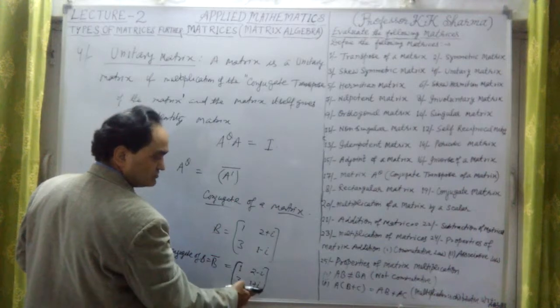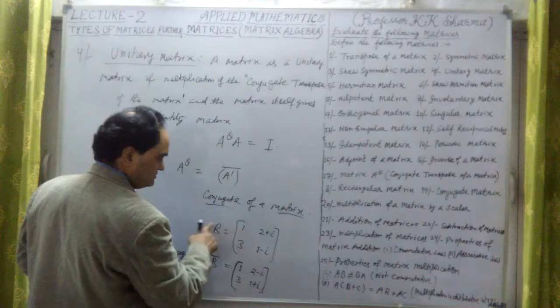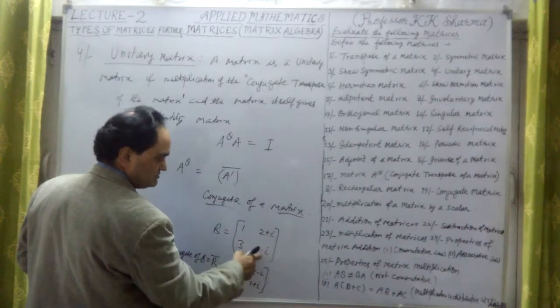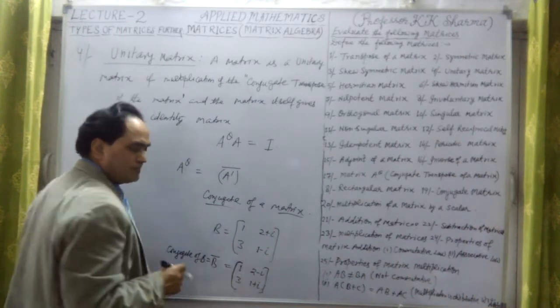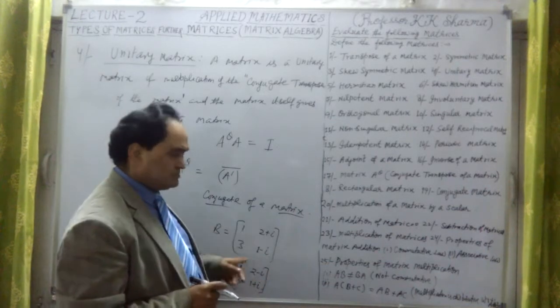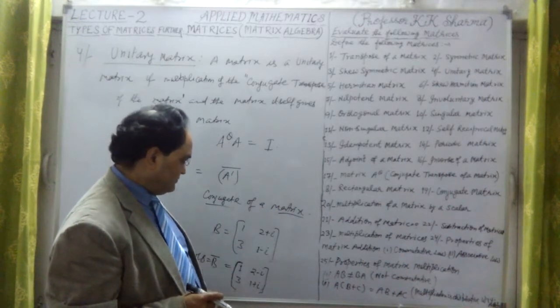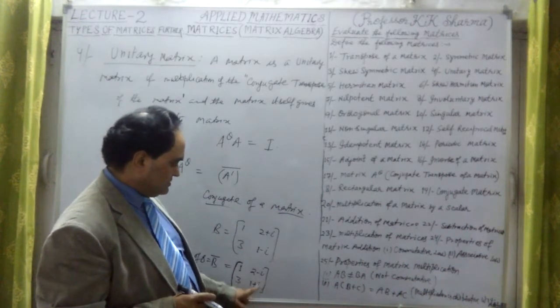Here B has complex numbers also. If no complex numbers are given, then conjugate has no meaning. If only real numbers are given, then the conjugate is the same matrix. But in this case, the conjugate matrix is like this.